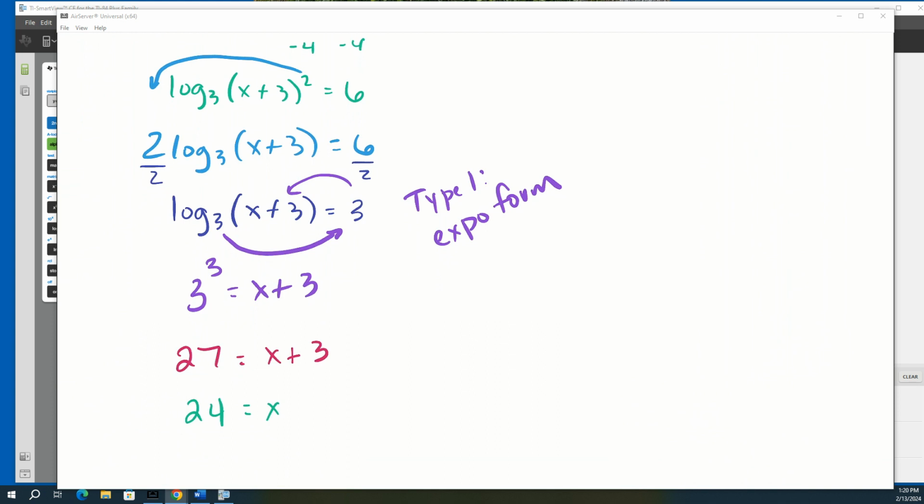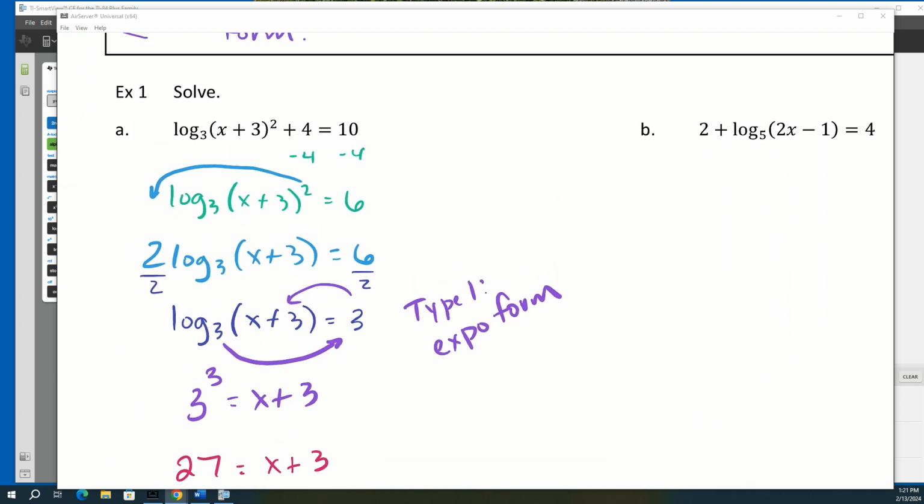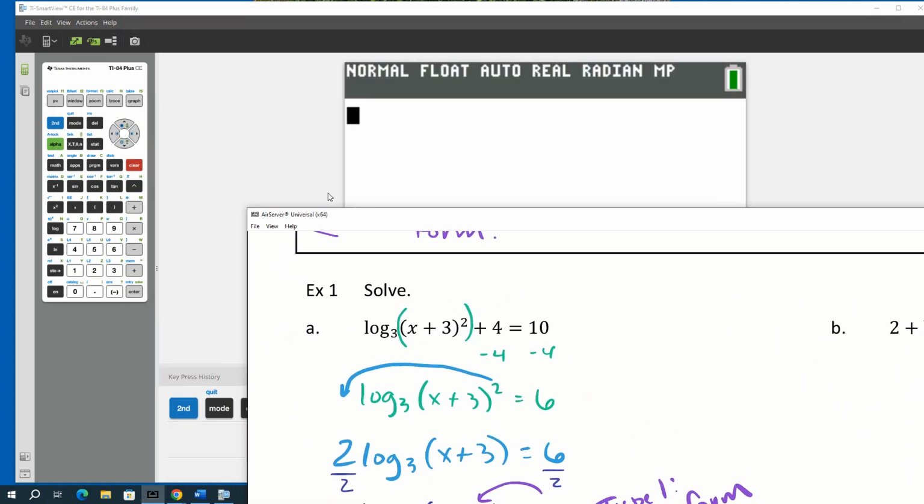It's possible that it's not. Possible it's an extraneous solution. Now these are kind of tricky. When you do log base, you automatically get parentheses. So what you have to do is put that inside of the parentheses the calculator gives you. So that is a little tricky. I'm checking your answer. We are plugging in, what did we say it was, 24? We're going to plug 24 in.